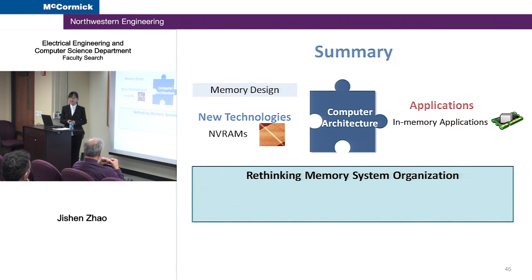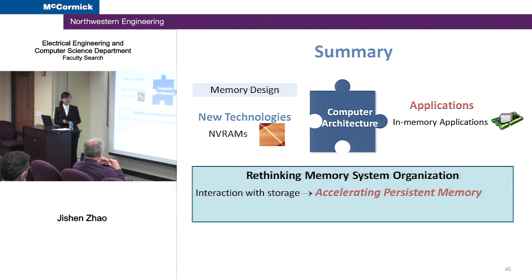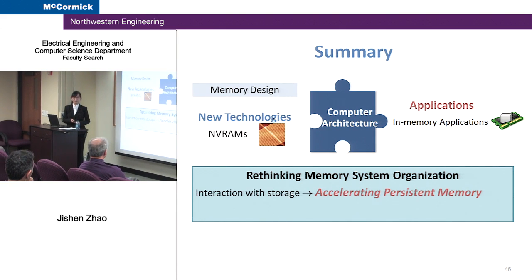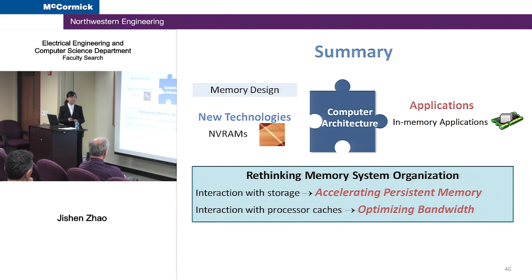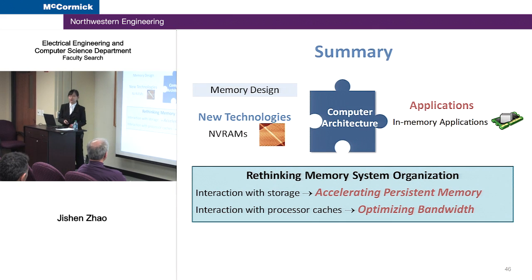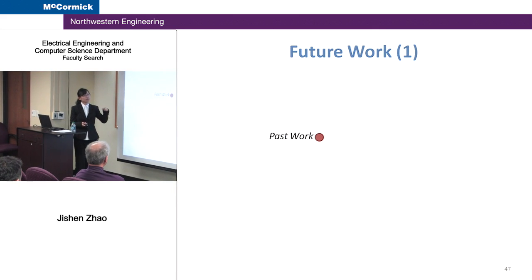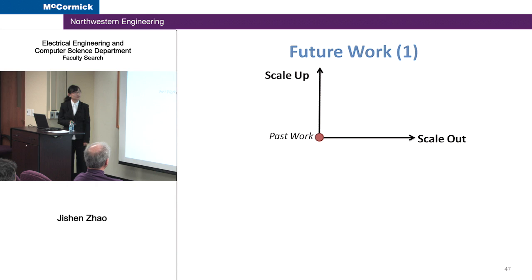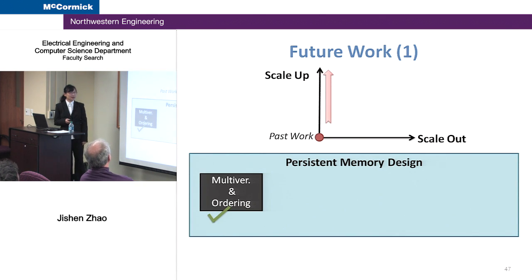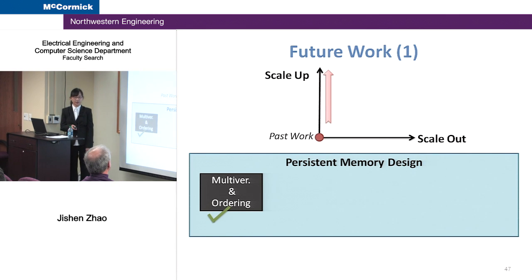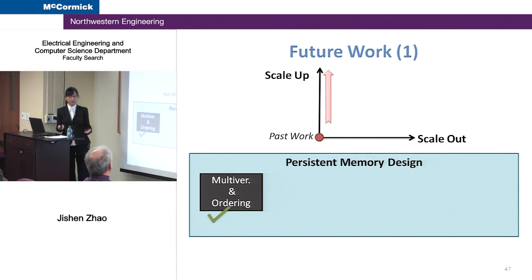So in summary, I have presented two pieces of my past work on accelerating the performance of persistent memory and optimizing the memory bandwidth. Looking forward, I see promising research directions in both dimensions. For example, in the persistent memory design space, we have studied how to optimize the multi-versioning and ordering control with hardware support.